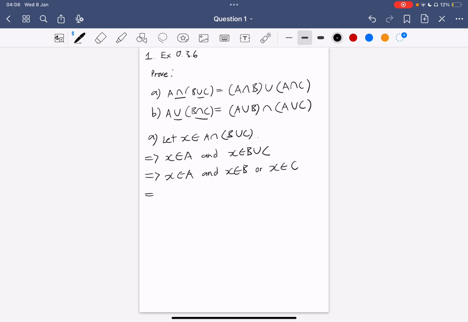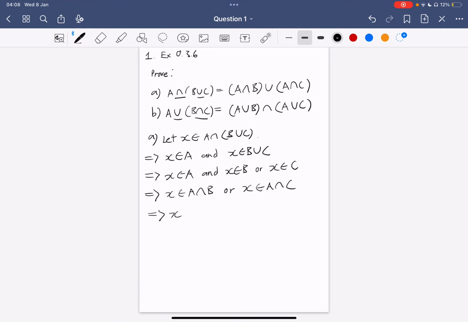So in case 1, X would be an element of A and B, or X would be an element of A and C. So we get these two statements here.